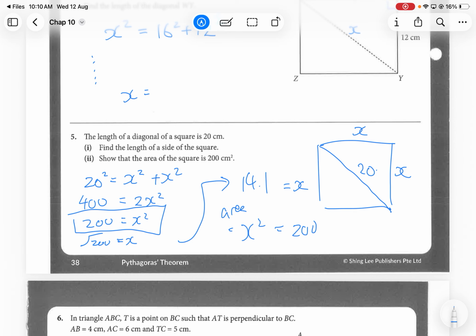Here I don't look for x. I don't need to go and square this 14.1. They tell me to show that the area of the square is 200. X square is 200. Just now I already found that. The area is x times x, x square. X square is 200. Just now already shown.